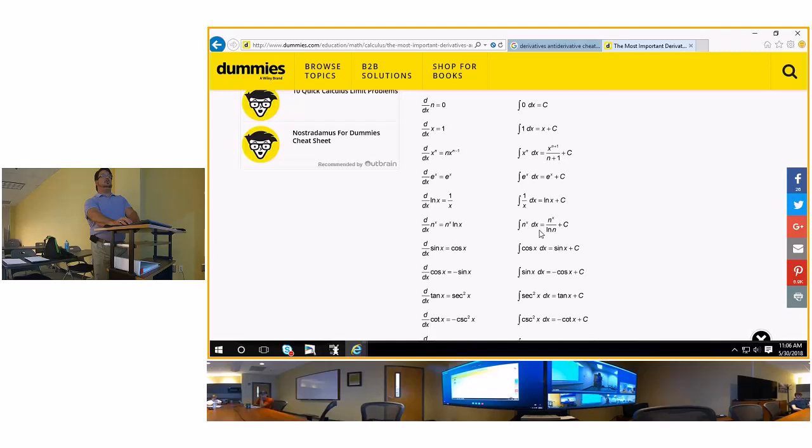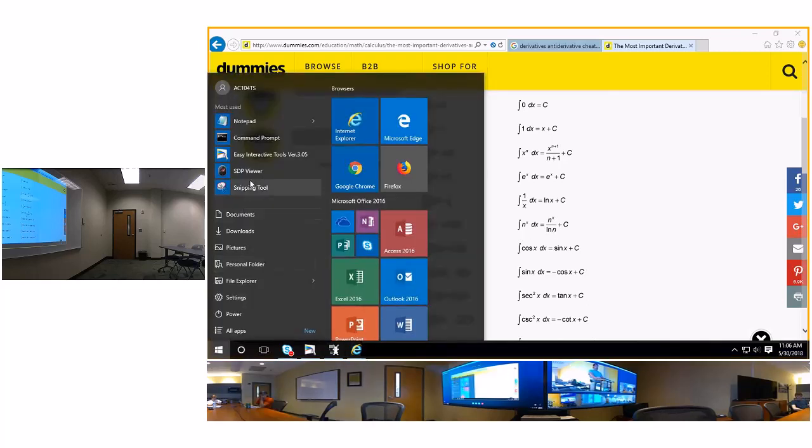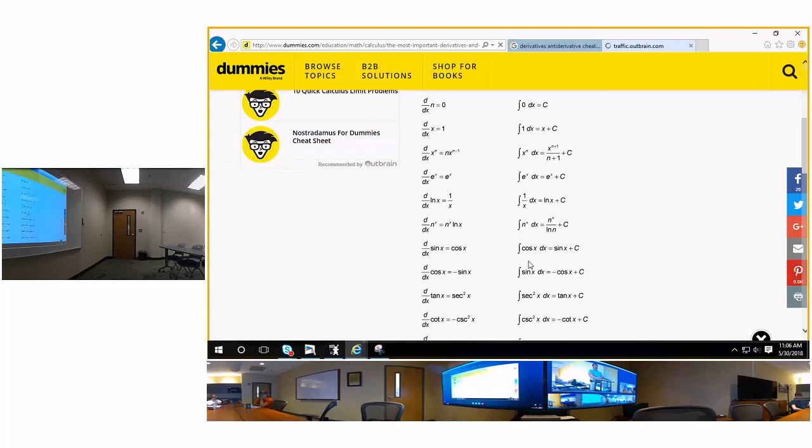So n to the x over the natural log of n. So there you go. Without spazzing, you take the snipping tool, and we'll just pull that out.